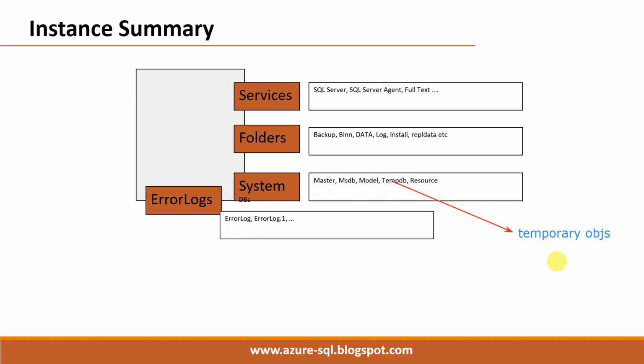And once again, just for easy understanding, suppose one user is running the query select star from employees order by salary descending. Just remember, first the data is copied into TempDB. Here sorting is done. Once the result is sent to the user, the data is automatically cleared from TempDB.